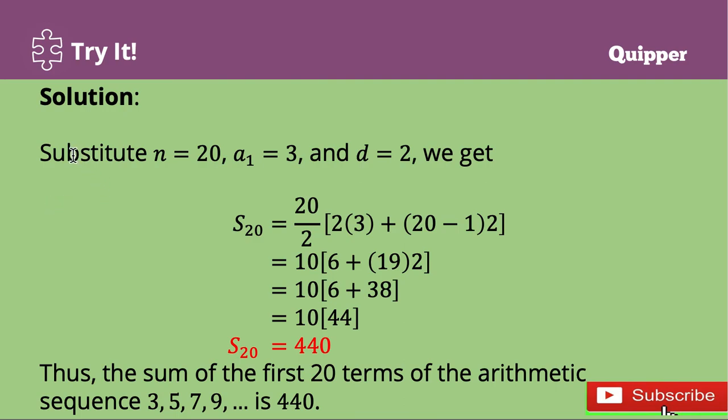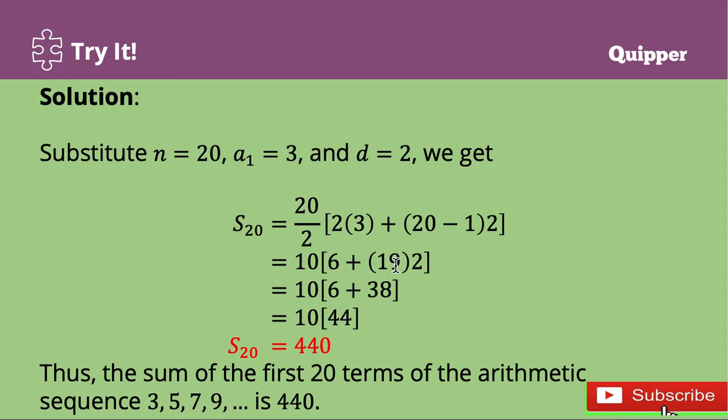Substitute the necessary values for n, a sub 1, and the common difference. Then we have S sub 20 is equal to 20 over 2 times 2 times 3 plus the quantity of 20 minus 1 times the common difference, which is 2. Then simplify. 20 minus 1 is 19, and 2 times 3 is 6.